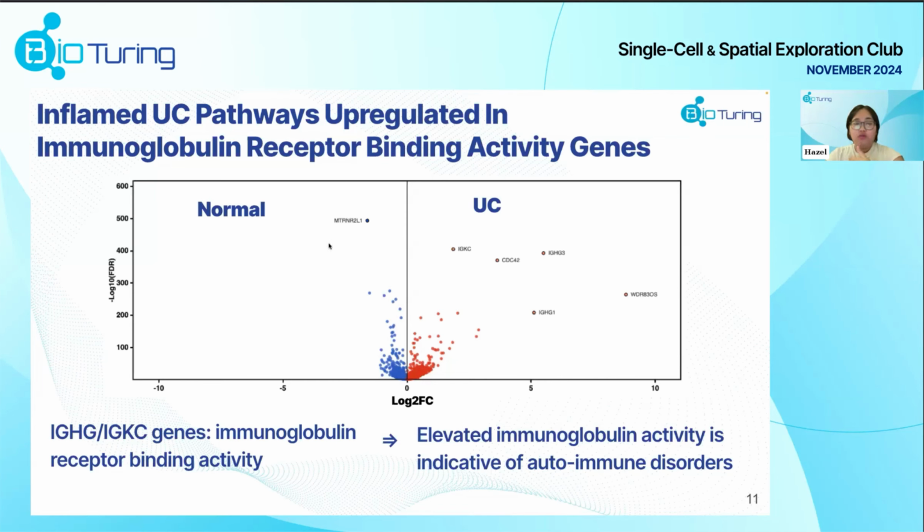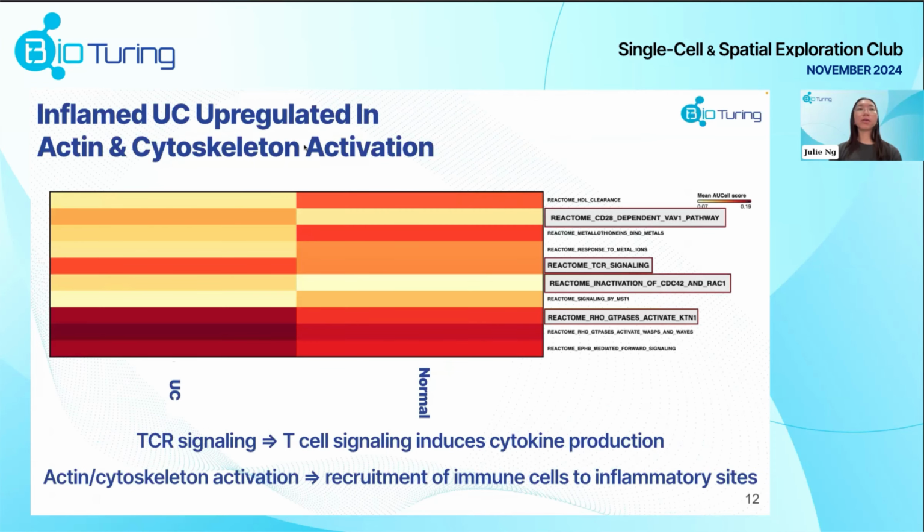Now I think we can move on with the pathway enrichment of UC. Yeah, so some of the enriched pathways that we see in ulcerative colitis involve, again, TCR signaling. So this is T cell signaling inducing cytokine production, same as what we saw in Crohn's disease. But also, differently, we see actin and cytoskeleton activation.